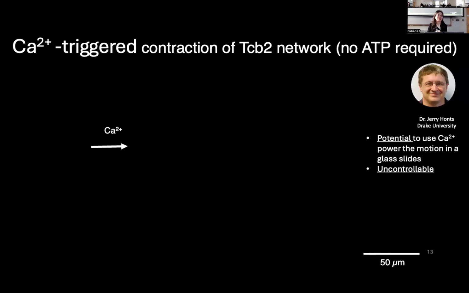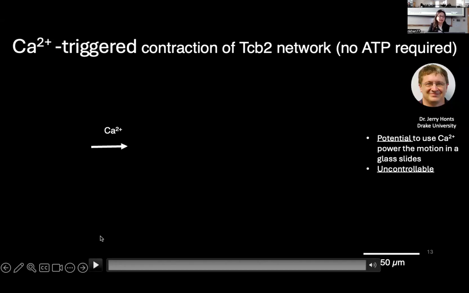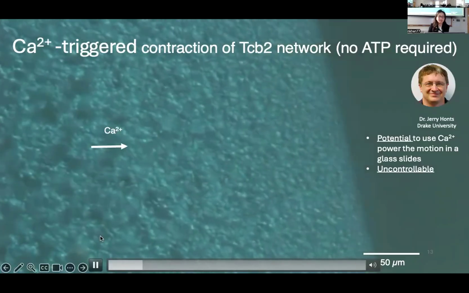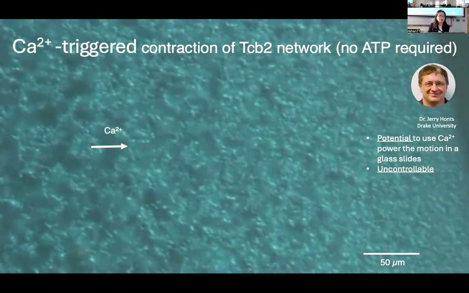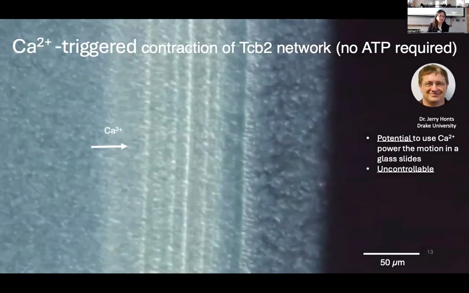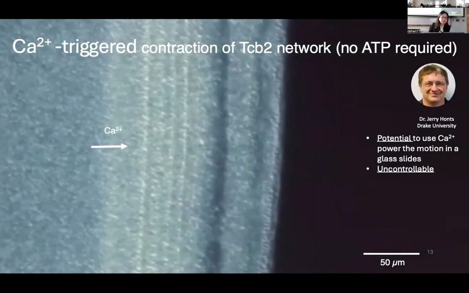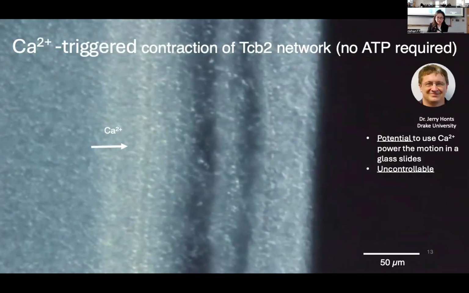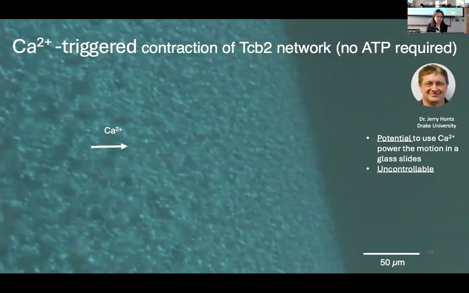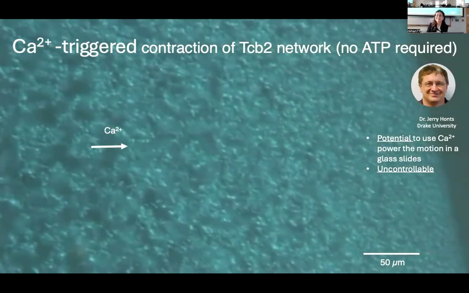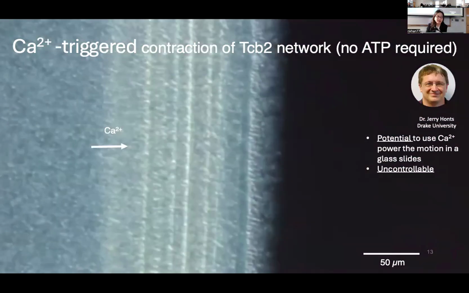The first time I joined the lab in 2019, this is the video that started recruiting me and showed me what happens here. What you're seeing is Jerry injecting calcium from the left-hand side into the TCB2 solution, and the whole system is in a glass slide sandwich structure.